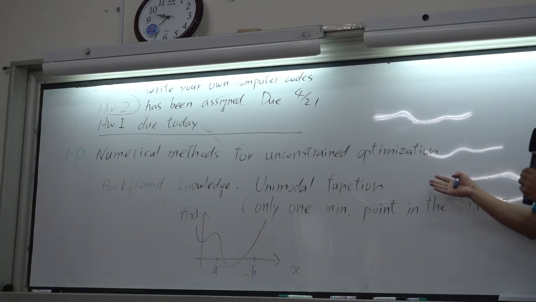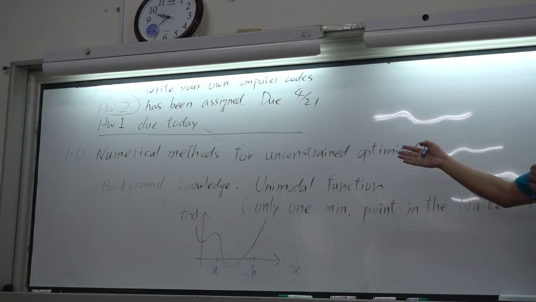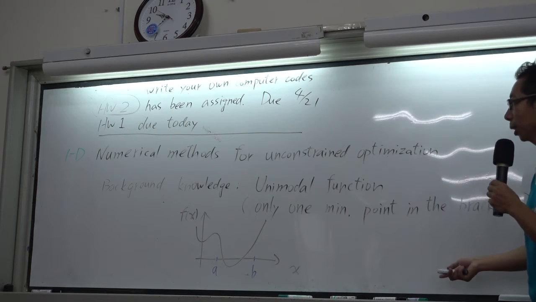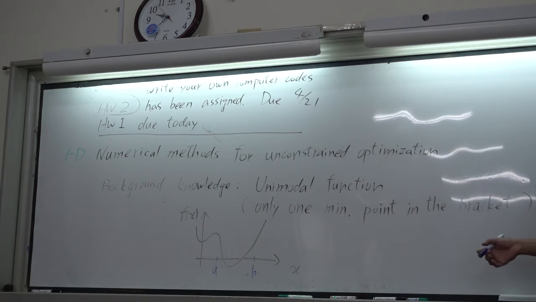When we apply those one-dimensional methods, we need to make sure that it's a unimodal function. But you may ask, if it's not a unimodal function, what should we do?